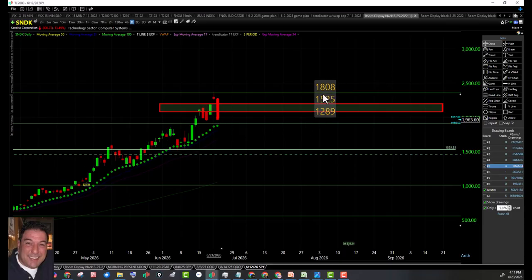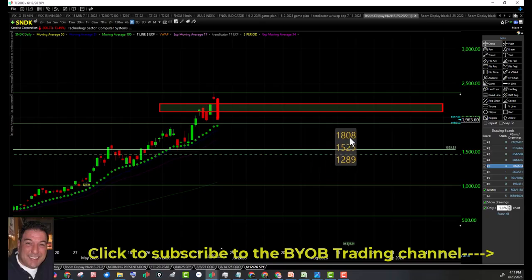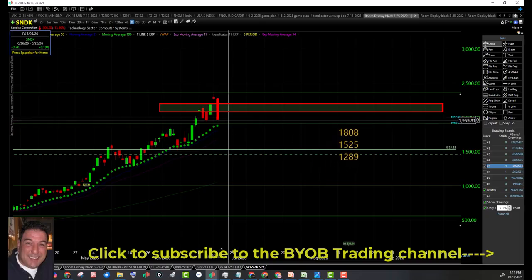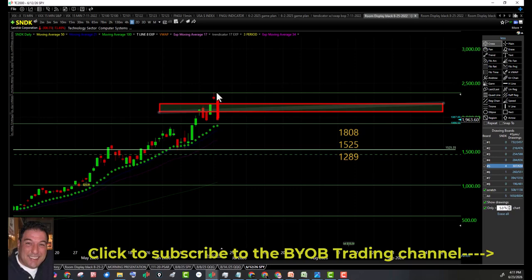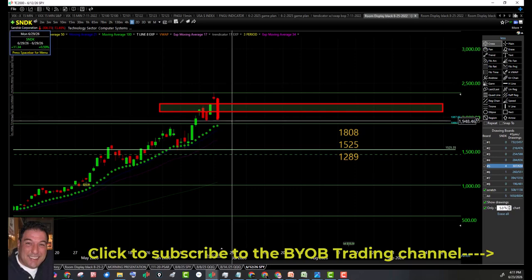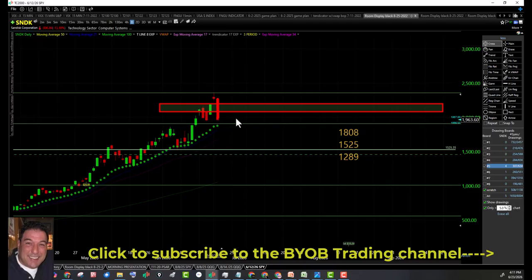So these are your support areas, and for me, I wouldn't want to lose more than that. That's one big candle. Any more than that, no more for me. I can always jump back in.